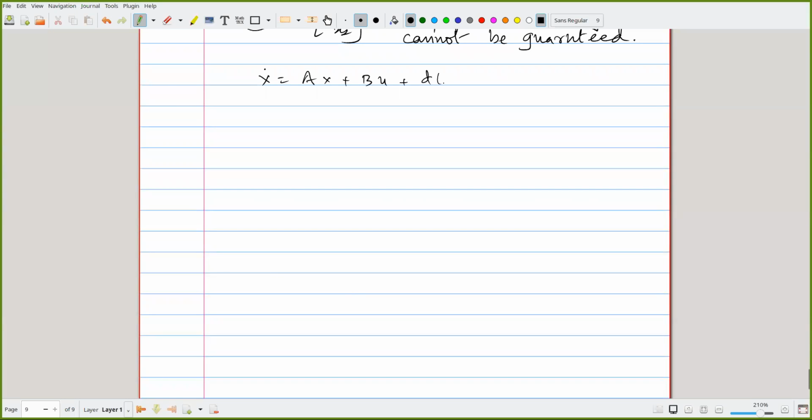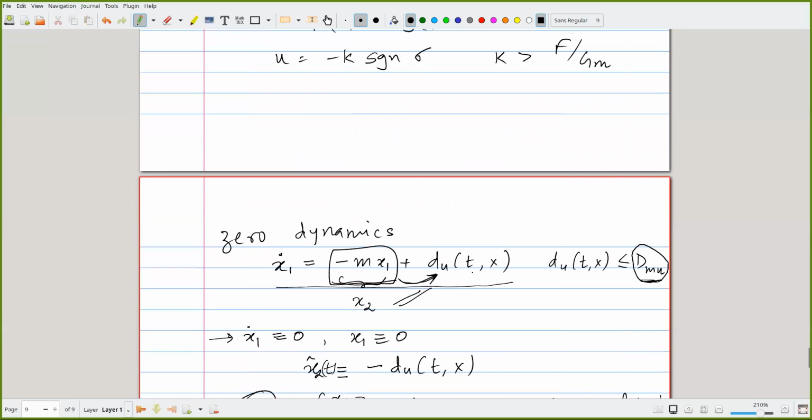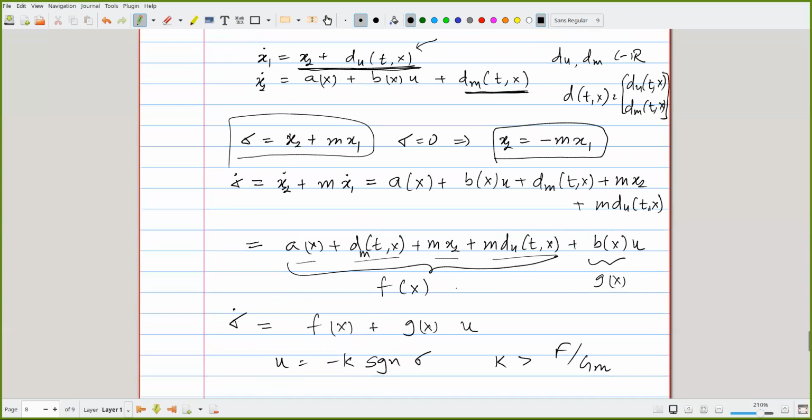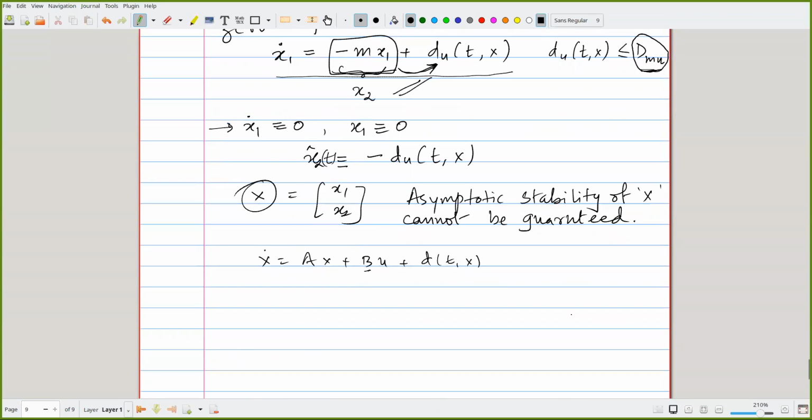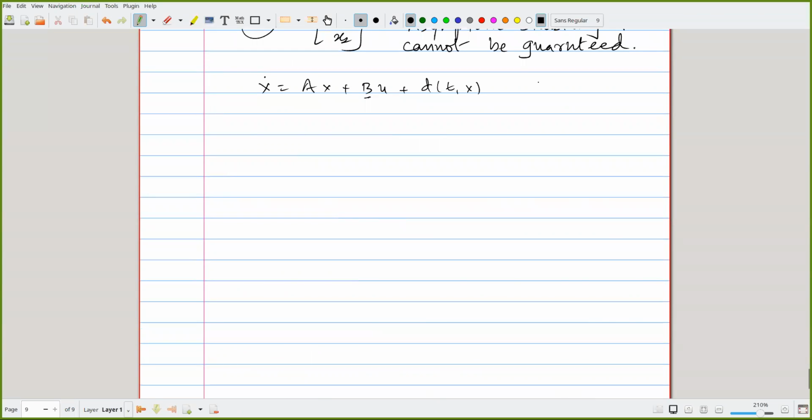Let's say d(t, x) here also. Then you can say that this d(t, x) is a vector, and this vector belongs to the range space of B, which is nothing but saying that it comes with the input. The disturbance is affecting the system with the input. Those kinds of conditions can be derived for linear systems, and you may see it in the literature.